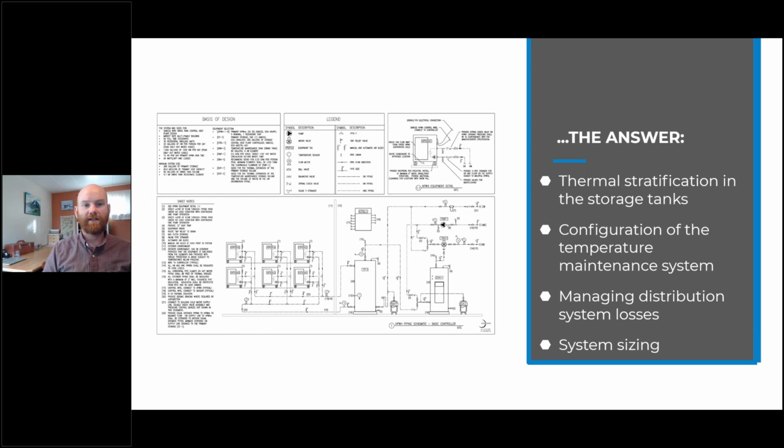And then the last thing we're going to discuss is system sizing. A lot of these heat pump water heaters are single speed devices. We are having variable capacity heat pumps come out, but primarily a lot of these are single speed. And so it's really critical that we're sizing appropriately and we're sizing for the actual load that the building will see.